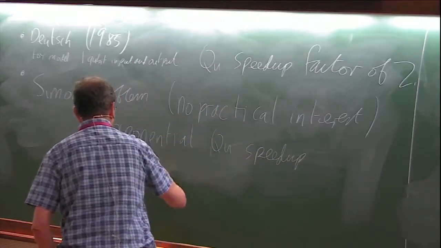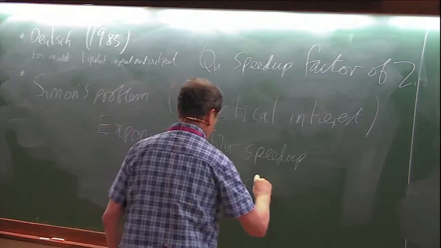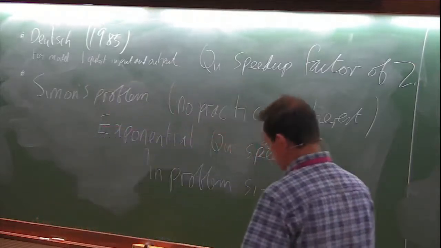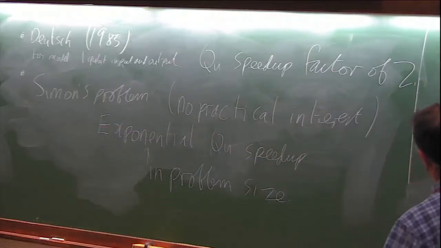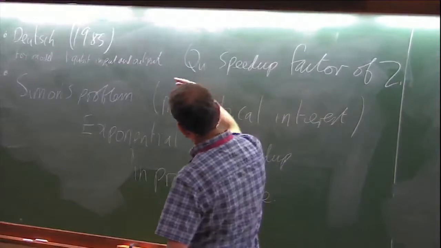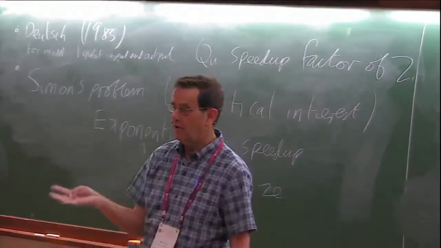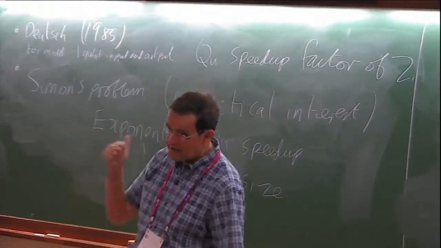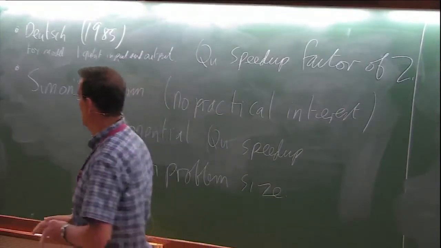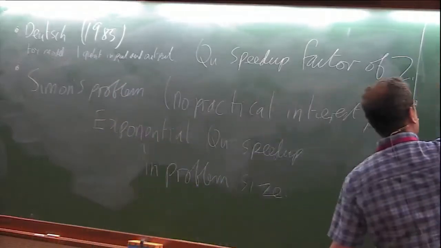So potentially you can have exponential speedup. This is a problem of no practical interest. Is it possible then to find a problem which is of real practical interest and which can give you a quantum speedup? And the answer is yes.